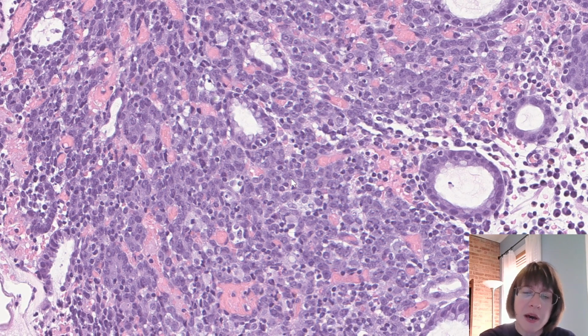So the first thing I would think about is, is this a carcinoma or is this some other type of neoplasm? And whenever I have something very poorly differentiated, I want to think about poorly differentiated carcinoma as well as lymphoma, melanoma, sarcoma. So one of the first things that I often do in these cases is a keratin to help me figure out if this is epithelial or not.